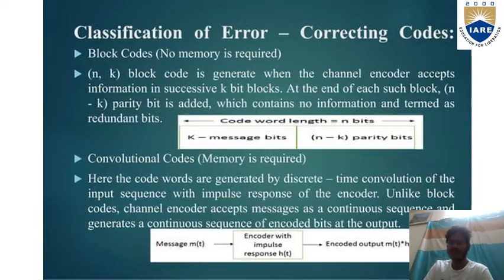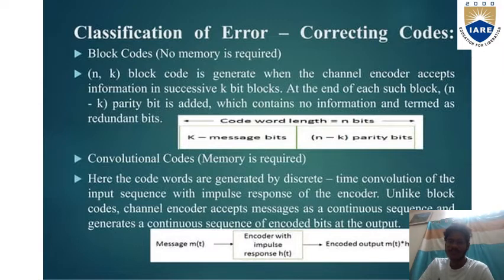At the end of each such block, parity bits are added, which contain no information and are termed redundant bits. In this picture, we can see the code word length, which is n bits, and there are k message bits and n minus k parity bits. By adding these parity bits, it is very safe and the message is not lost.